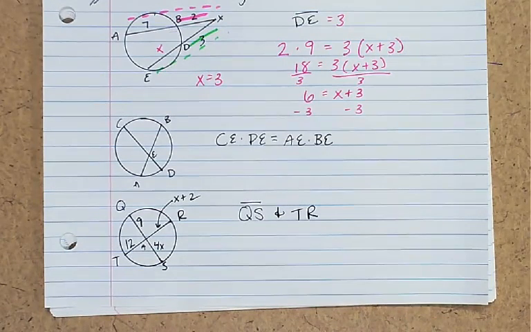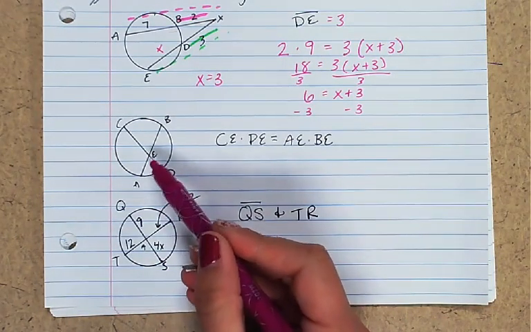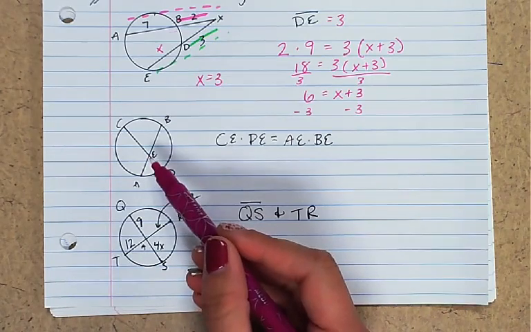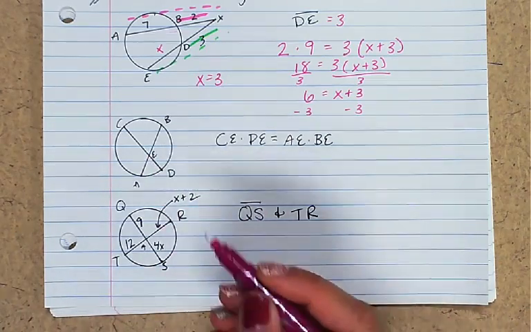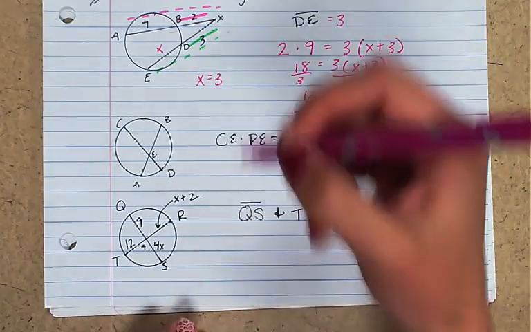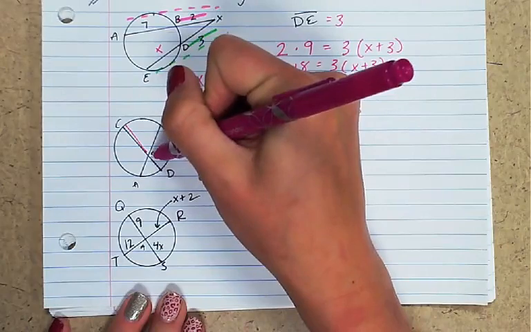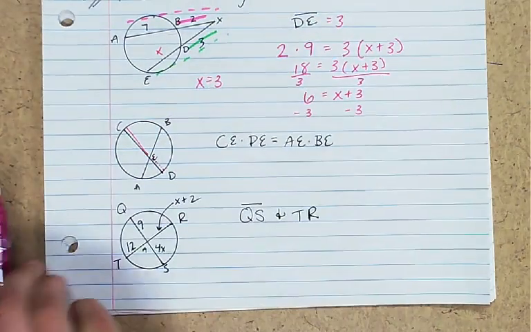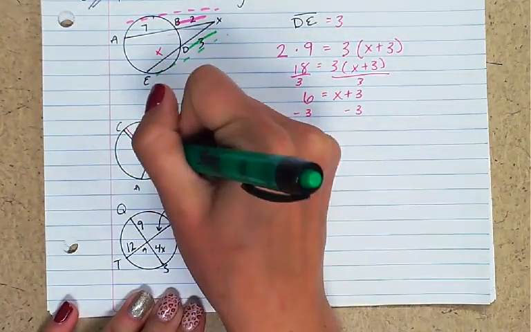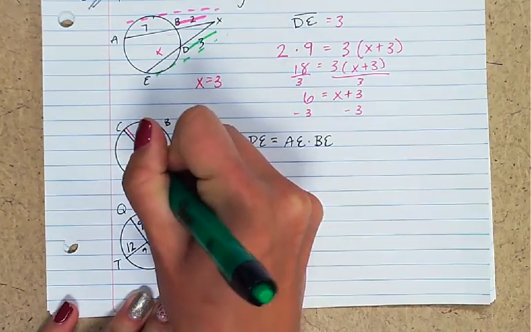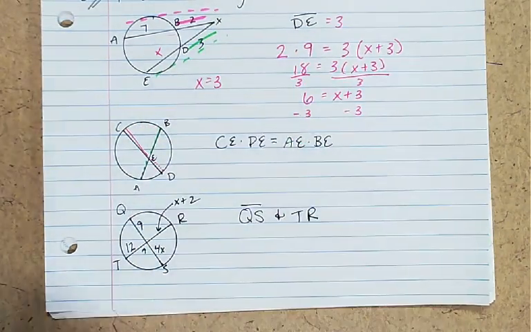The second special segments that they talk about in the video is if your chords are crossing inside the circle. That one you just multiply the parts that are broken up. So I would do this part of my segment, CE, times this part, ED, and that is equal to BE times EA.